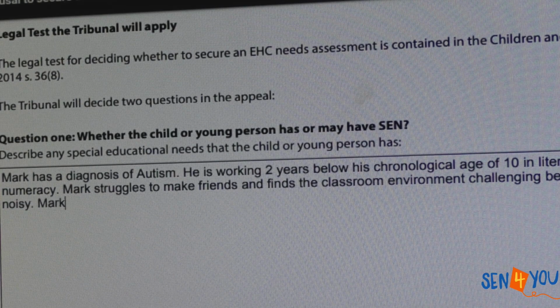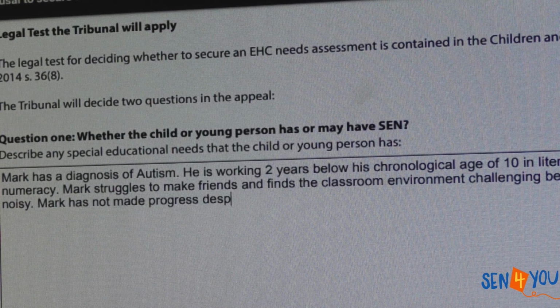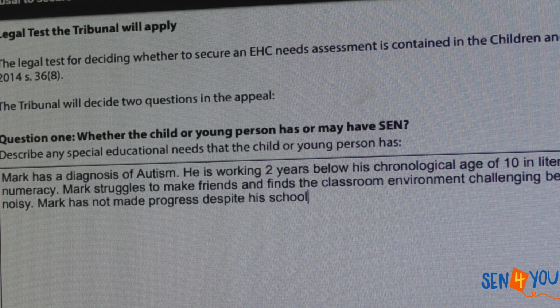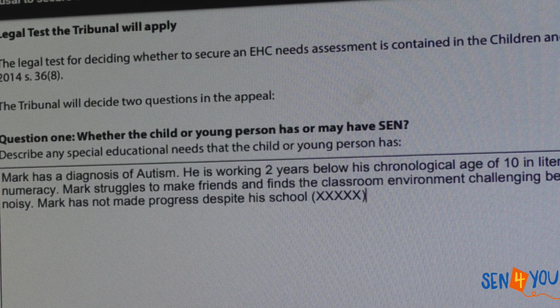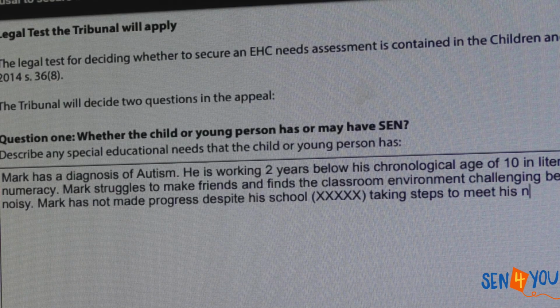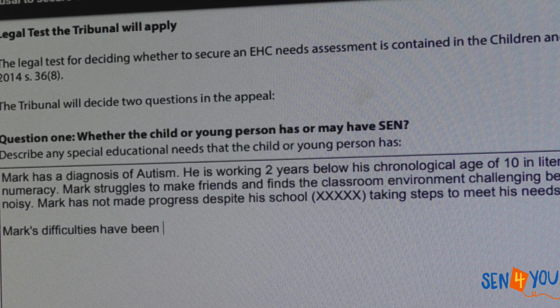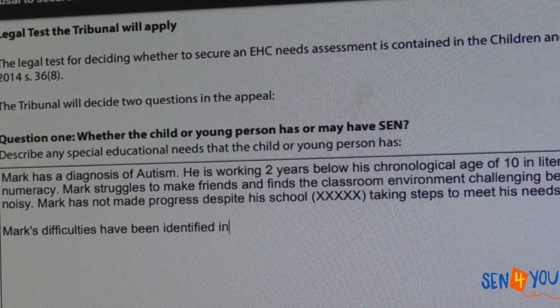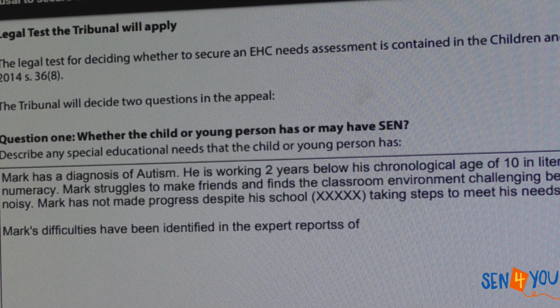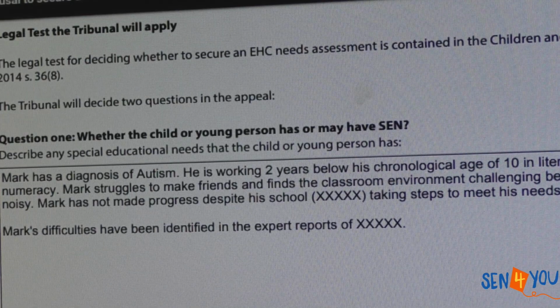Okay? Mark has not made progress despite his school, and perhaps you'd name the school here, taking steps to meet his needs. Mark's difficulties have been identified in the expert reports of. And then you would list the reports that you're going to refer to.